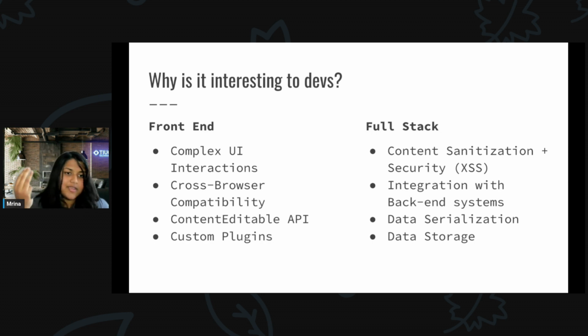And then the third thing is the contentEditable API. I mentioned this earlier, but at the heart of every rich text editor is this API, which is very powerful for in-browser content editing. It works with DOM manipulation and selection range management.